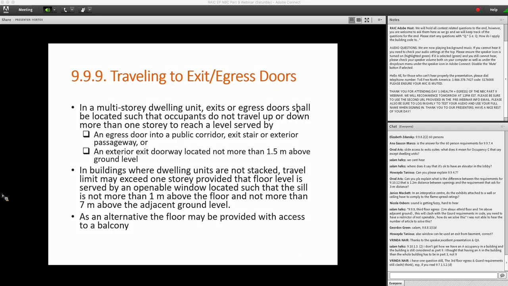Yeah, so back to that question, can the allowable unprotected opening, I believe this is under the context of spatial separation. So yeah, you can apply the requirements in Part 3 for spatial separation to a building that is designed to Part 9. It's actually, hold on a second, I'm just going to find you that reference.